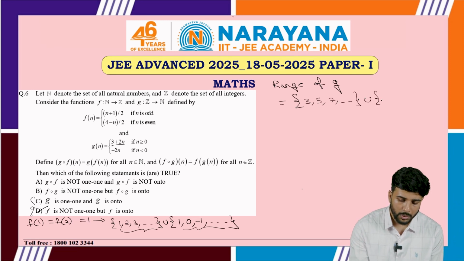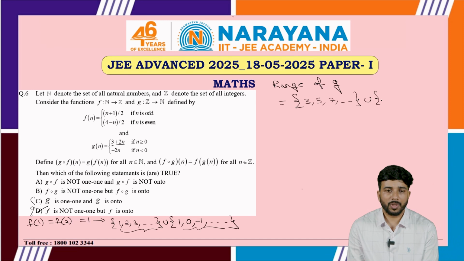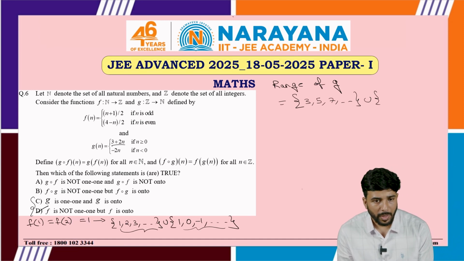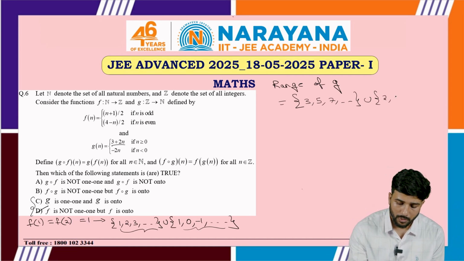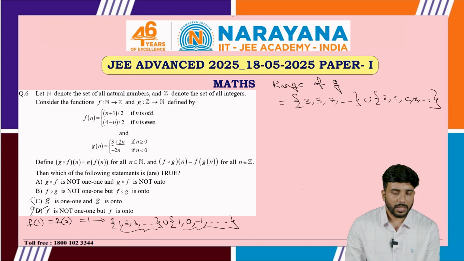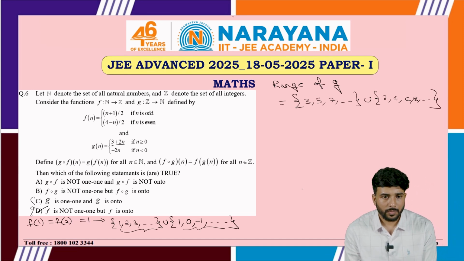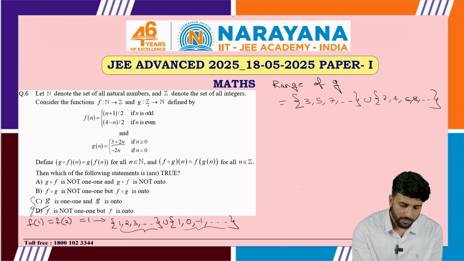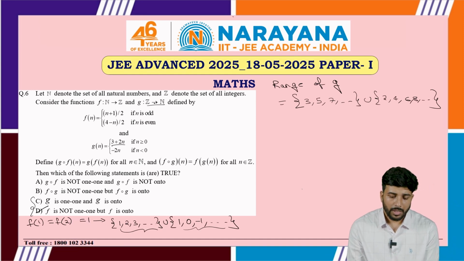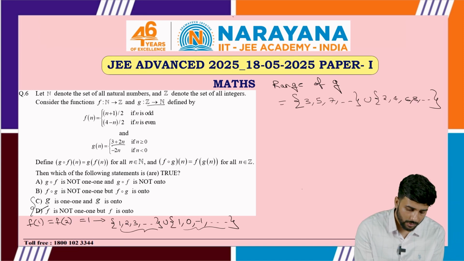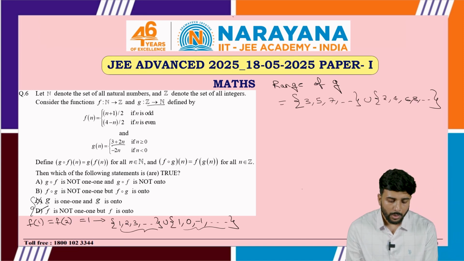Union, for the negative integers I have −2n. So n equal to −1, if I substitute, I'll get 2, 4, 6, 8, and so on. The thing is, it can't be equal to 1 anywhere. But I defined it from Z to N. The range is not equal to the codomain and hence g is not an onto function. C is wrong.